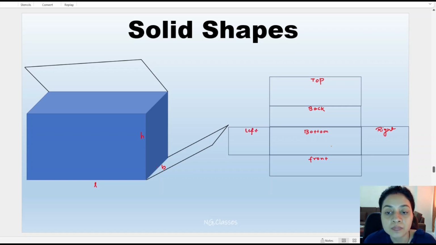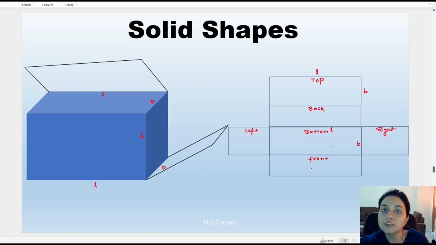So if we focus on the top and the bottom part, here we can see this is the length of this cuboid and this is the breadth of this cuboid. So for the top, we have length and breadth. Similarly, for the bottom, we have length and breadth.